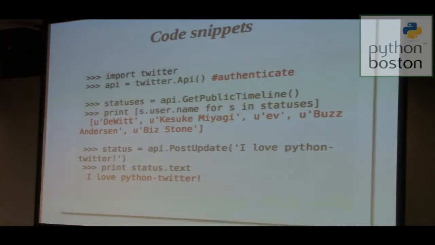On this line, you can get access to your public timeline and read the first 20 tweets and so on. Here, it's a list comprehension to print the usernames. It also allows you to post to your timeline. I guess this gives you a sense of what is possible.